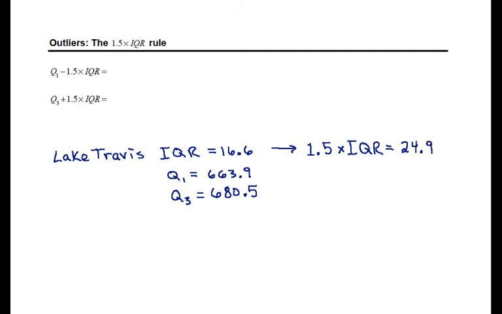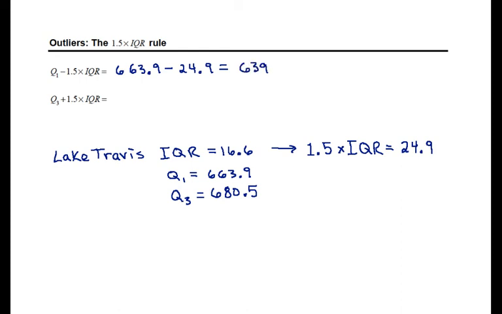So that's the number I'm going to subtract from Q1. This is 663.9 minus 24.9, which turns out to be 639 exactly.